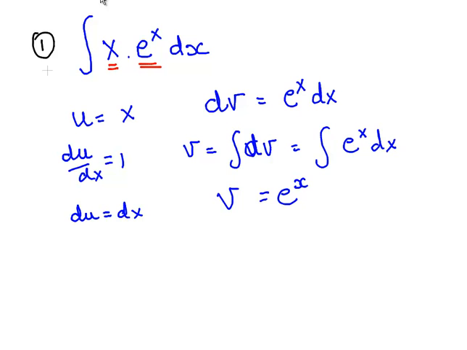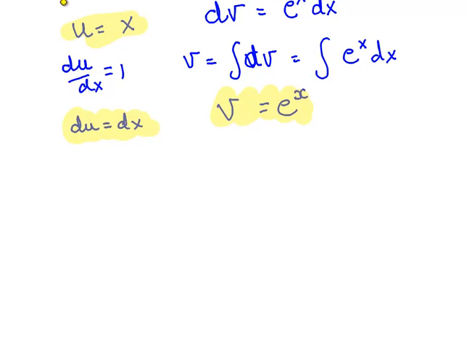So we have everything we need. We have u, we have v, and we have du. So now all we have to do is put that into our equation. And again, our equation was uv minus the integral of v du.